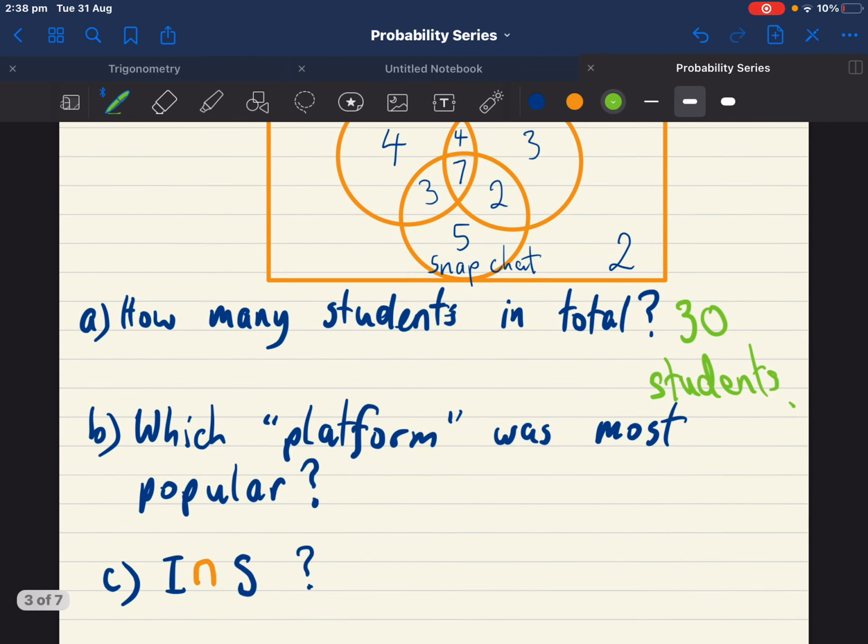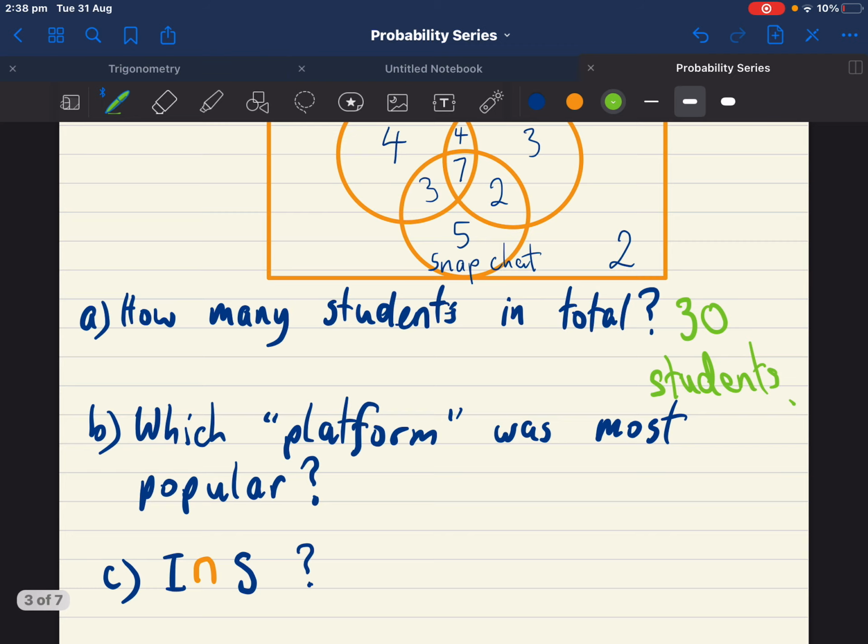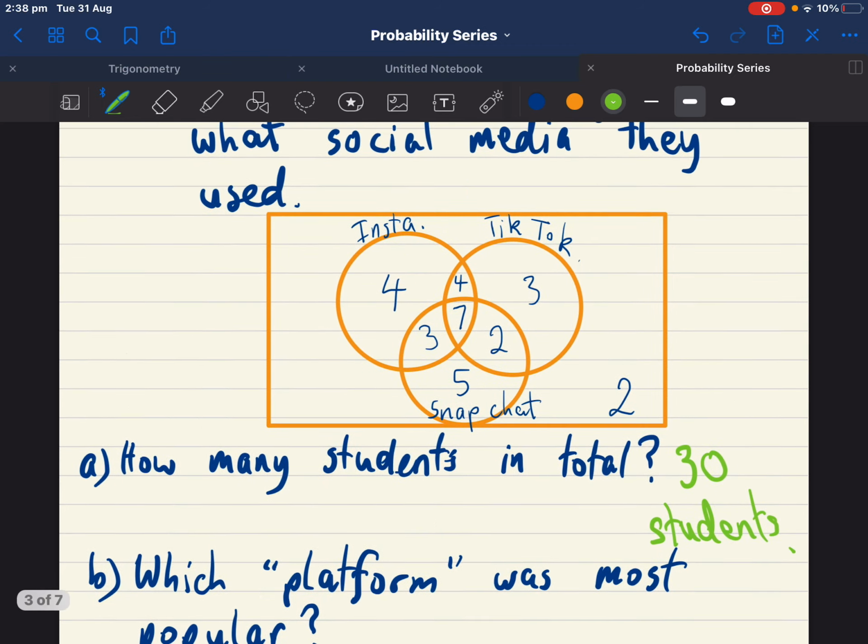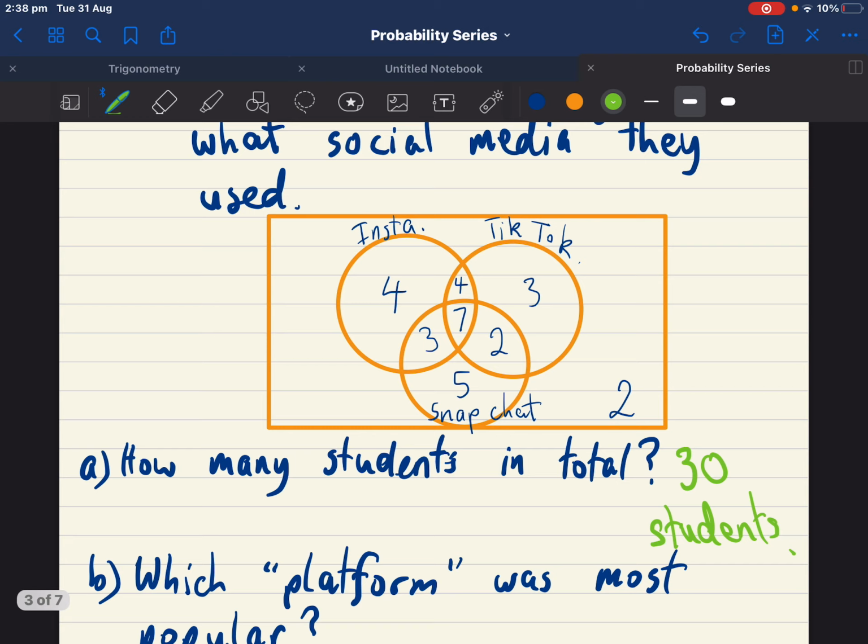Now, part B, which platform was most popular? Right, so in this particular case, they're just asking us, hey, of the 3 platforms, which was the most popular? So you may notice that when we add them up, some of these numbers, for example, that 7 right in the middle, belong to more than one circle. In actual fact, that 7 belongs to all 3 of them, right?